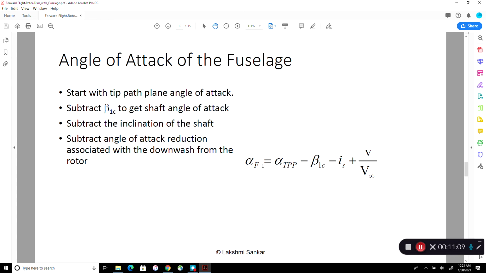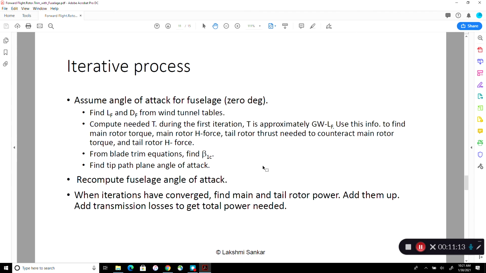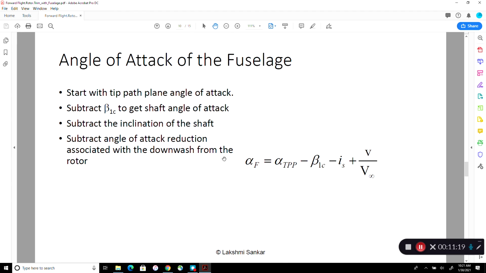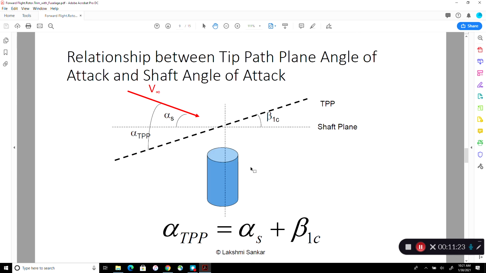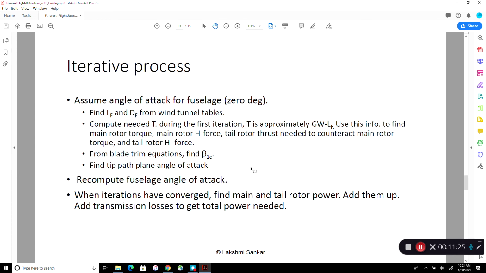Now, we were talking about the trim or iterative process, so this is how it'll work. You'll first assume an alpha fuselage, which is 0, as an initial guess. Okay. You start with an alpha fuselage 0. That's just a starting guess. Now, you go to the internal data and find what is the lift I'm producing, what is the drag I'm producing at that alpha, at that forward velocity.